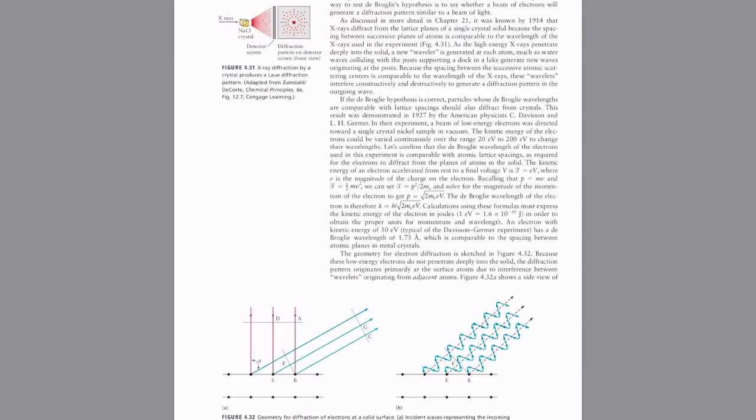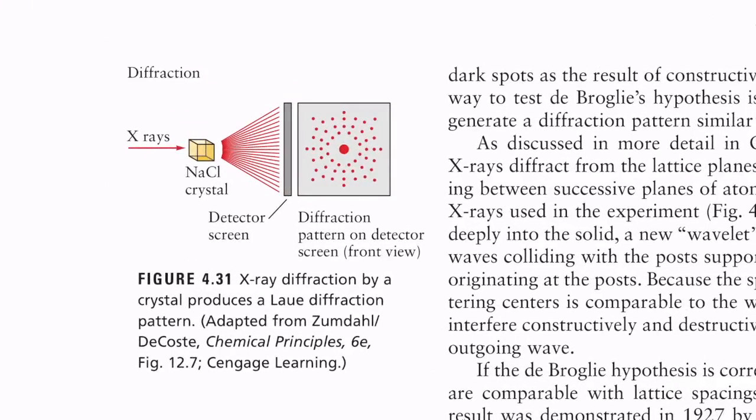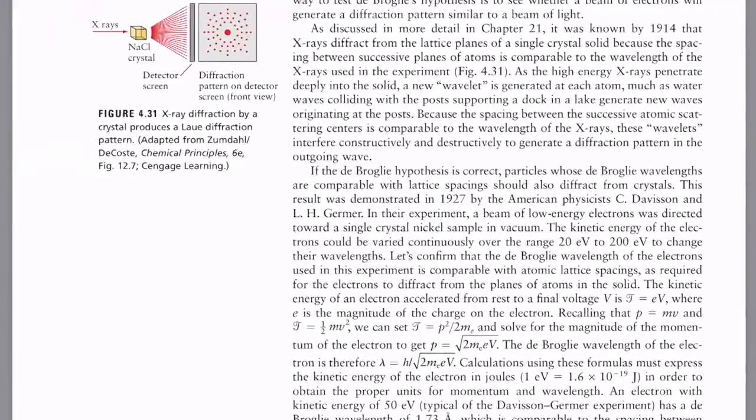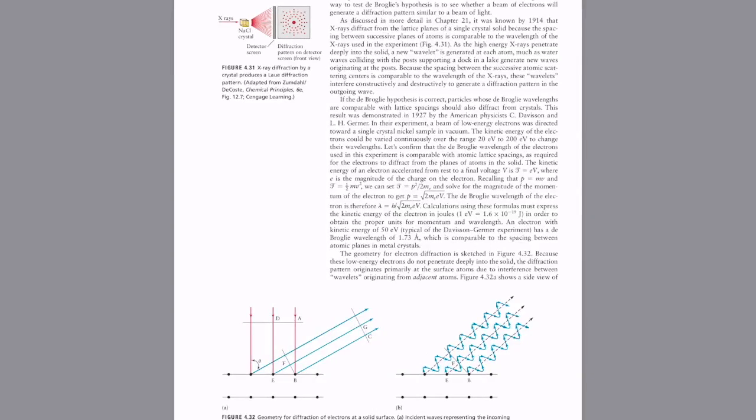So in figure 4.31, the book shows that X-rays actually diffract from crystals, and this was known, and you obtain these discrete points, and those discrete points tell you about the arrangement of the atoms in the lattice of the crystal. So the question was, can we see the same if we shoot electrons at a material? Figure 4.32 shows how the arrangement of the atoms can cause waves to either constructively or destructively interfere.